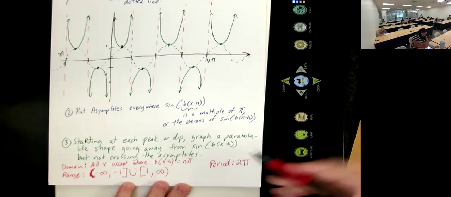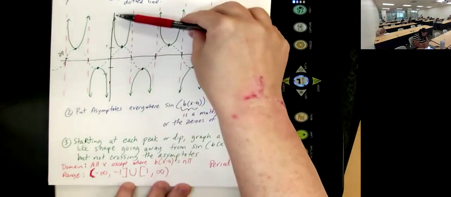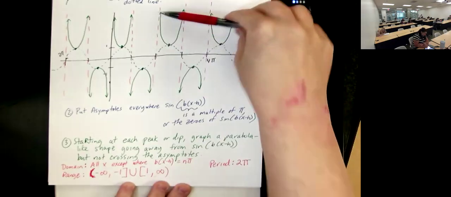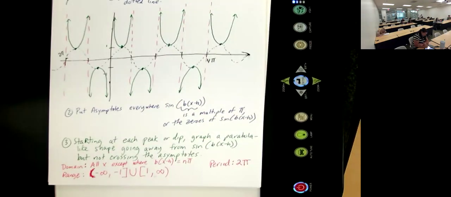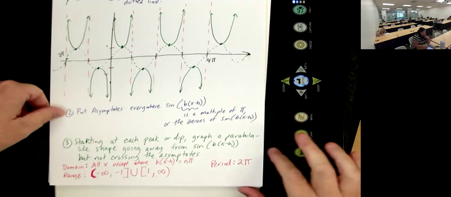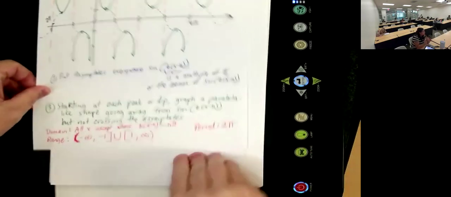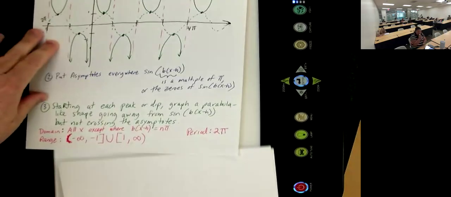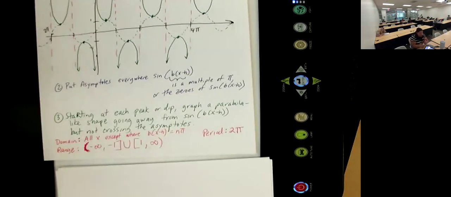So if we're starting high, it doesn't start high again until we get to 2 pi again. That's how we graph cosecant.